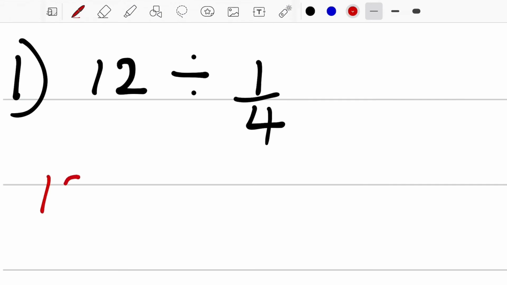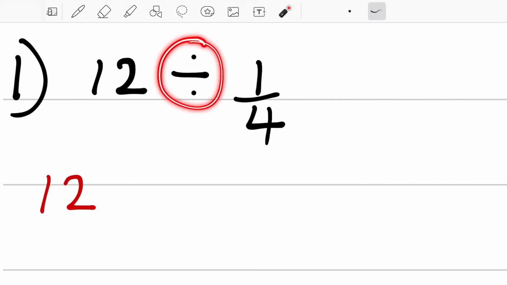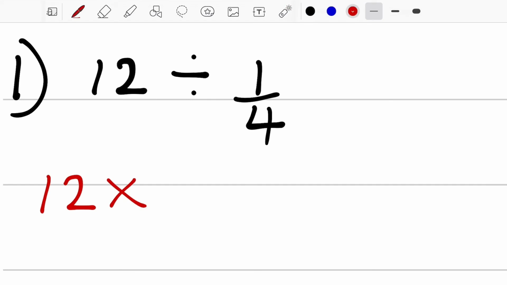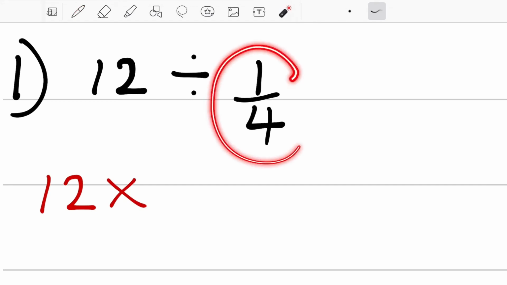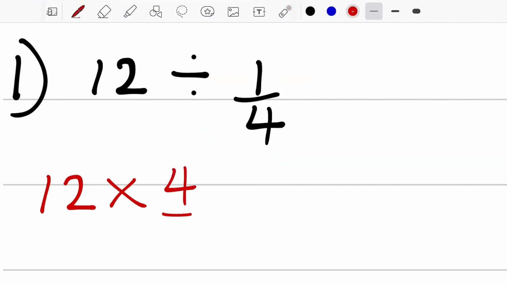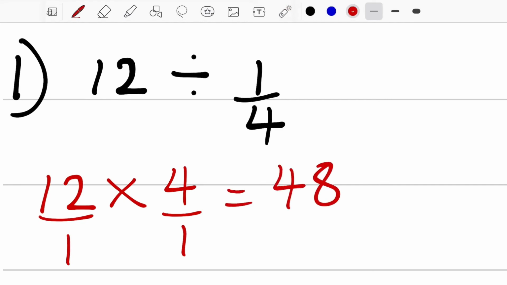So that will be 12. Change the sign to multiplication and flip, or some persons say invert or reciprocate the divisor. So that's 4 over 1. So 4 times 4 is equal to 48. 48 over 1 is still 48.